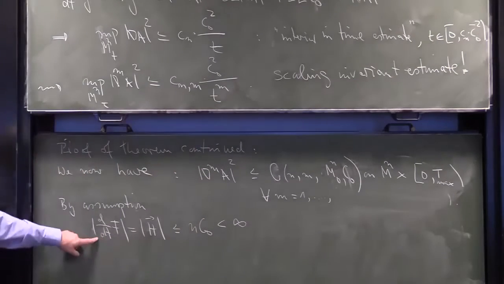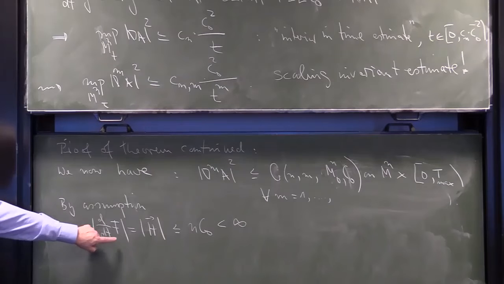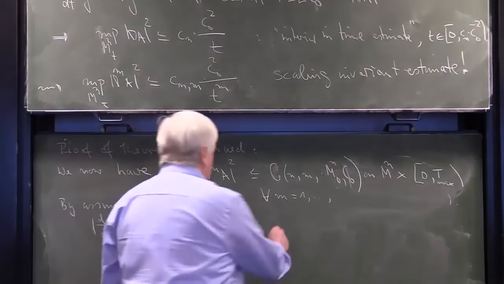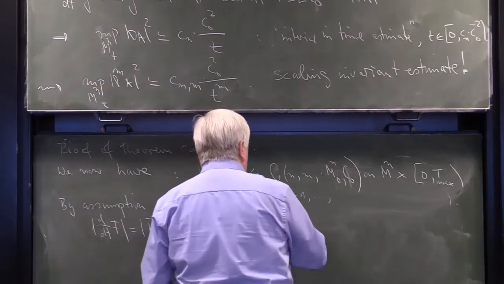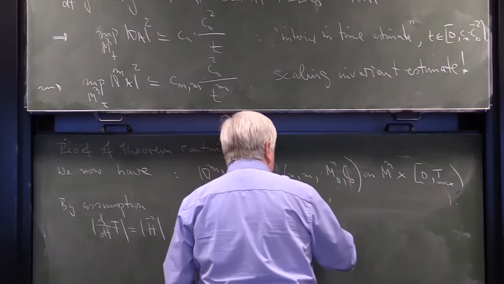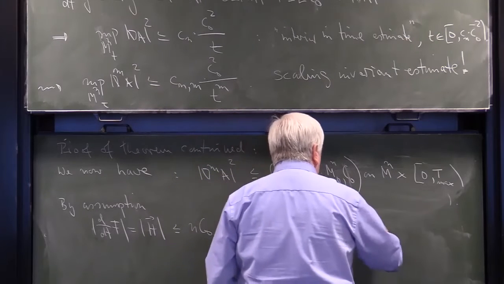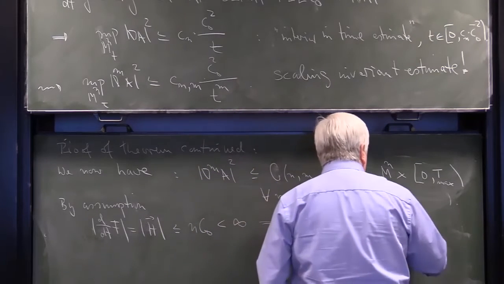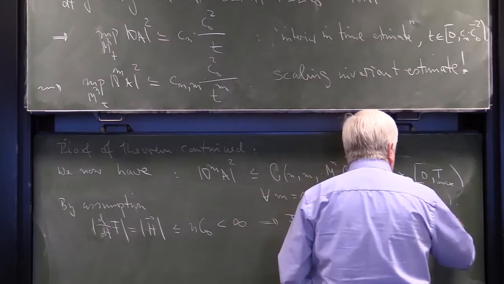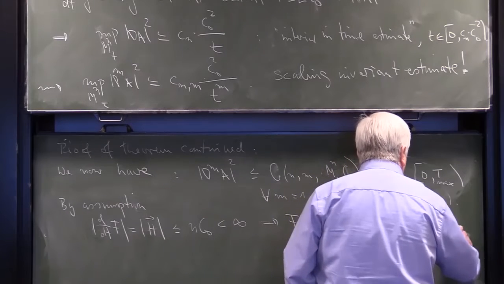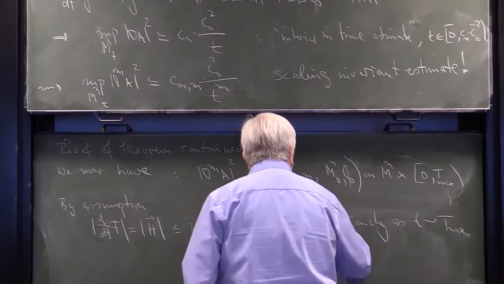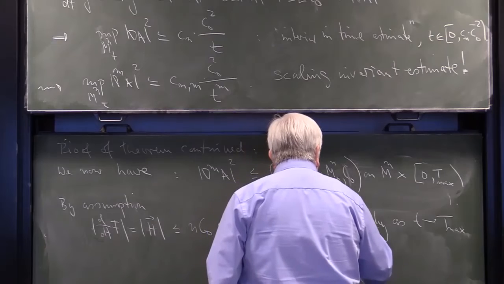So this immediately means that f of xt is a Cauchy sequence as t tends to capital T max for all x in Mn.